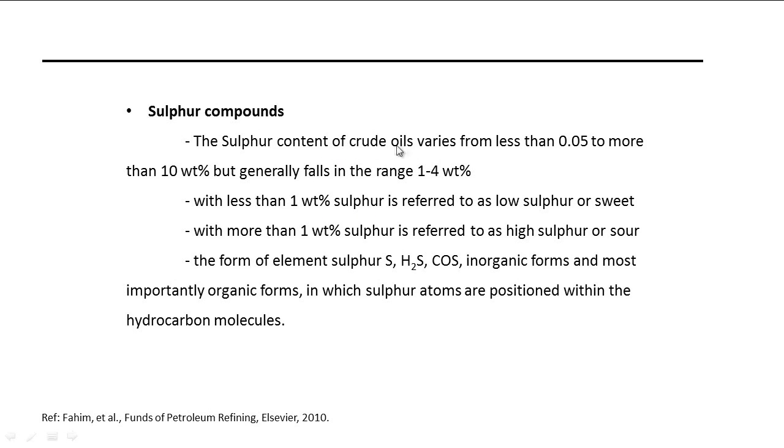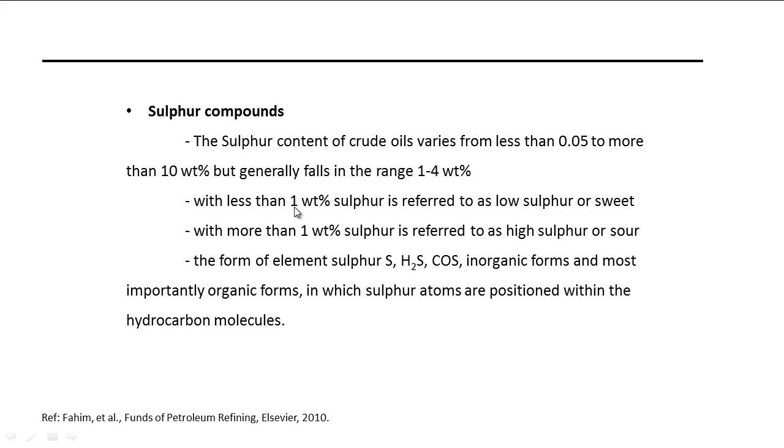Sulfur content in crude oils varies from source to source, and of course, in some places the crude oil may contain sulfur compounds in a small amount and up to 10% by weight. With the sulfur composition, the smell of the crude oil will be present.